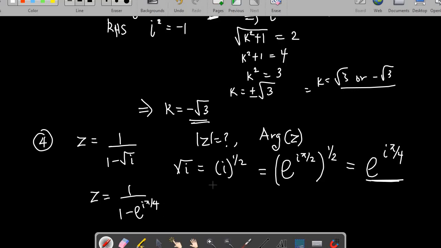And then there's a rule that you should understand as one of the properties of modulus and argument. The modulus of z1 over z2 is the same thing as the modulus of z1 over the modulus of z2. Now for argument, there's a principle.